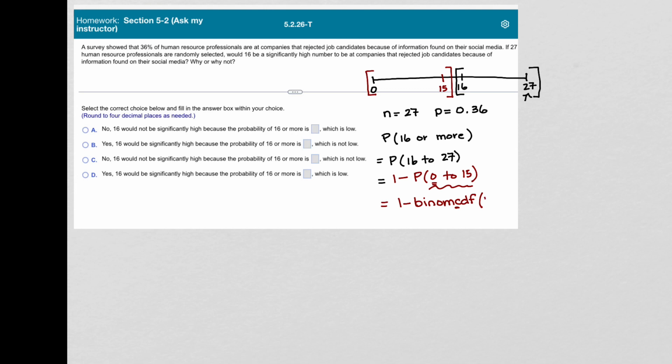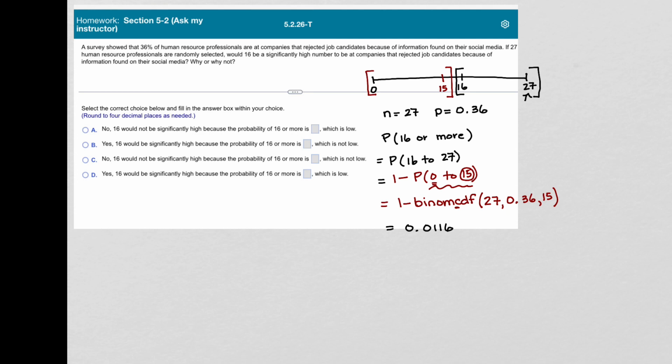So for binomial CDF, I put in my number of trials, which is 27, and then my probability of an individual success, and then my maximum number of successes, which is the 15. So we have to be going from 0 to x, and that x in this case is 15. So when I put this into the graphing calculator, and I calculate and round to 4 decimal places, I get 0.0116. So that's my probability of getting 16 or more.